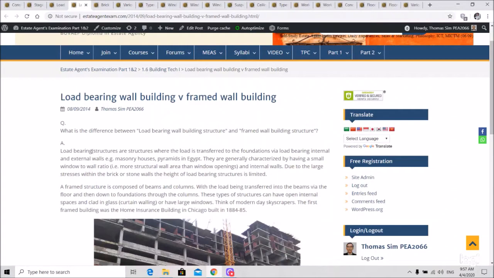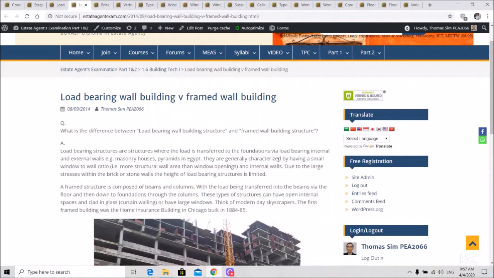So load bearing means it actually supports the upper units. So the load is all transferred to the ground through each and every block of the masonry block. Masonry block means brick blocks.